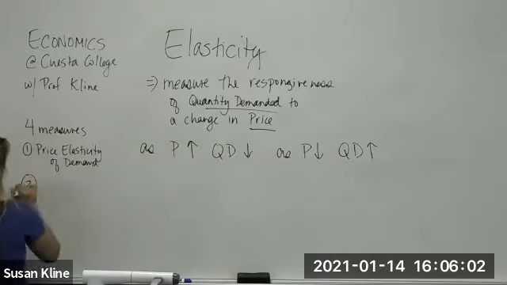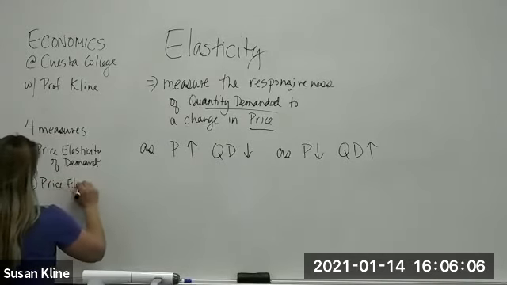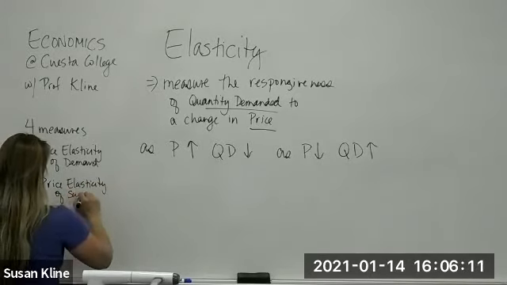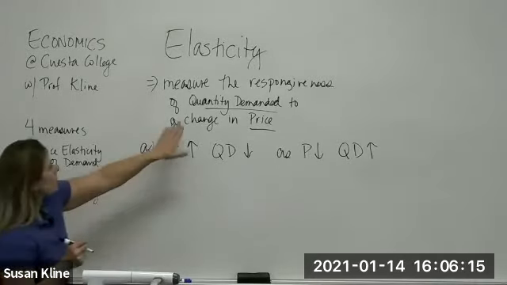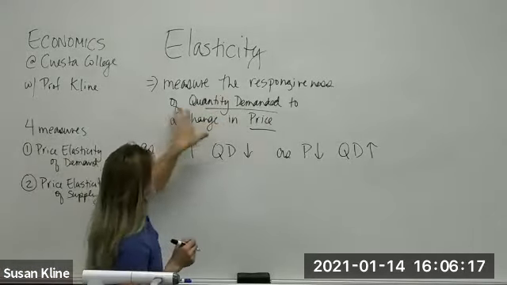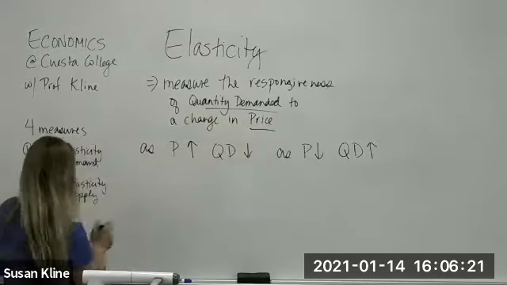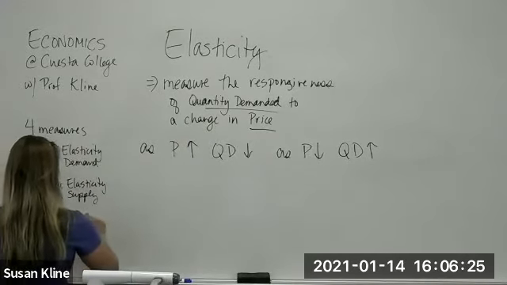The second one that we will talk about is the price elasticity of supply. And as you might expect, what's going to change? We're going to change the responsiveness of quantity supplied to a change in price. The third one, we're going to look at cross price elasticity.